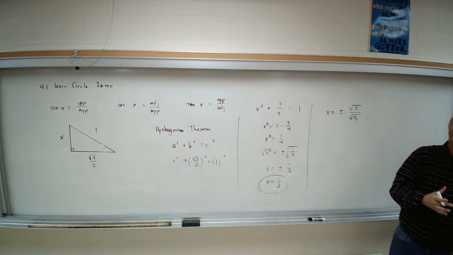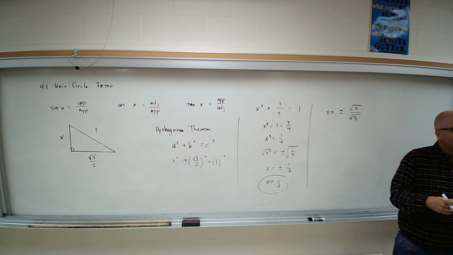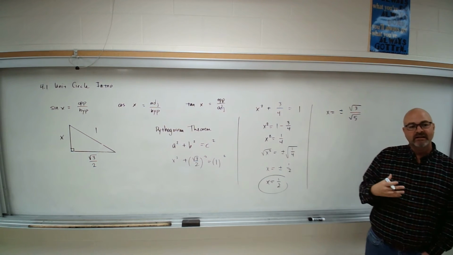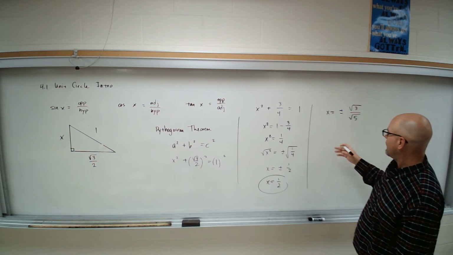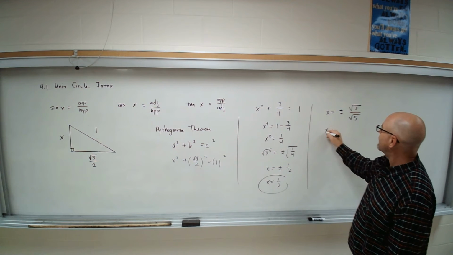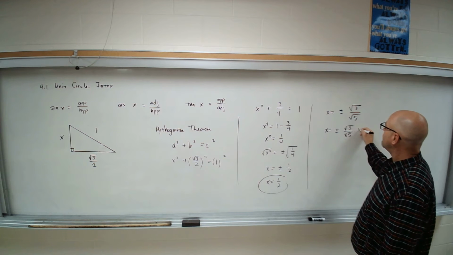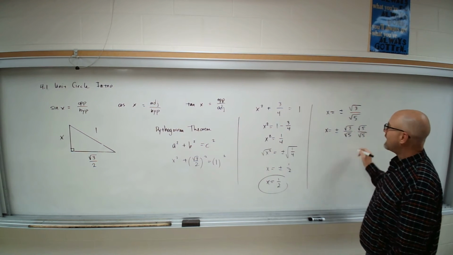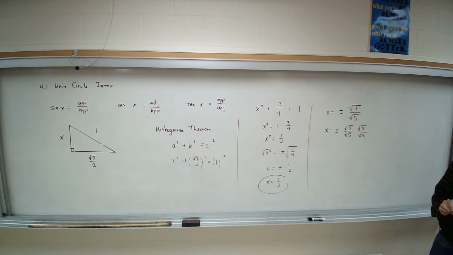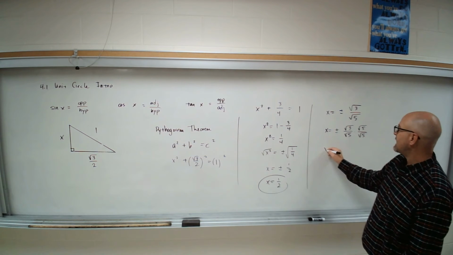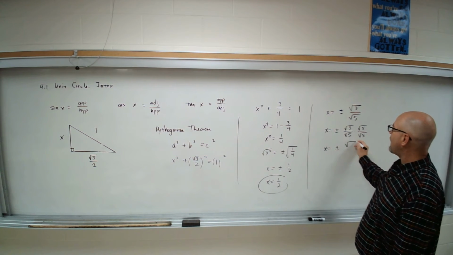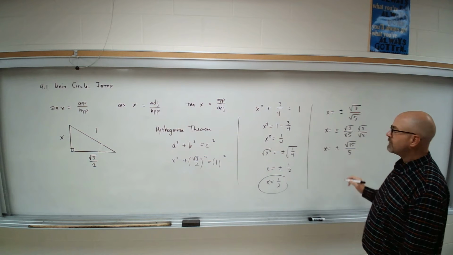Neither of those square roots nicely. We do want to rationalize the denominator, so we can leave the plus or minus, it doesn't matter, but we would say radical 3 over radical 5 times radical 5 over radical 5. So this would give us x equals plus or minus radical 15 over 5.